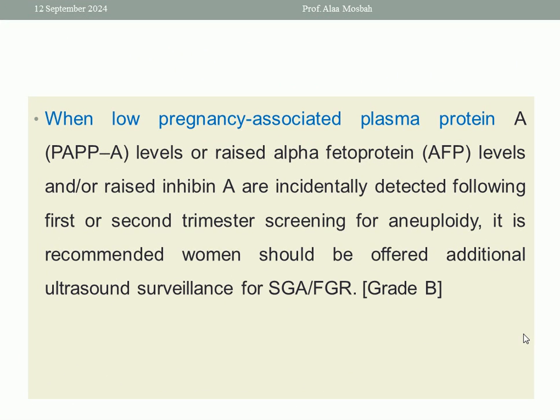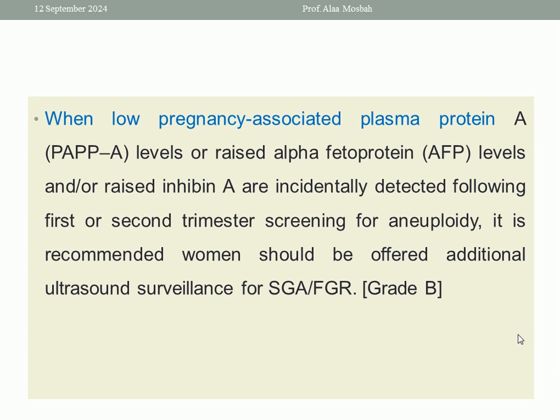and need surveillance. When low pregnancy-associated plasma protein A levels, or raised alpha fetoprotein levels, and or raised inhibin A are incidentally detected following the first or second trimester screening for aneuploidy, it is recommended that women should be offered additional ultrasound surveillance for fetal growth restriction.